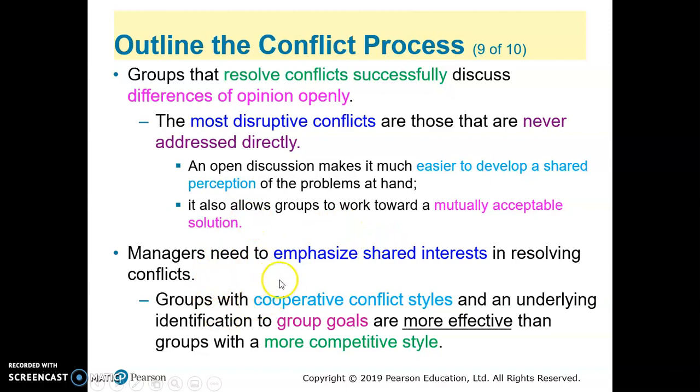Groups with a cooperative conflict style and an underlying identification with group goals are more effective than groups with a more competitive style. So in general, in order to resolve conflicts, first we need to recognize that the disagreement exists, then focus on the interest rather than the issues, openly discuss the problem, develop a shared perception about the problem, and come up with mutually acceptable solutions.